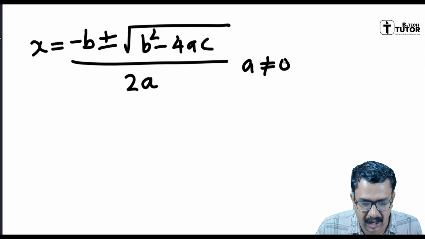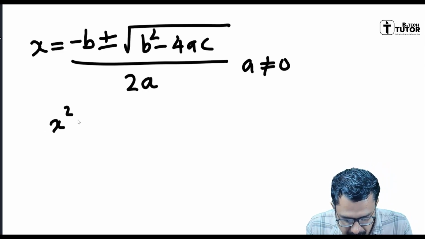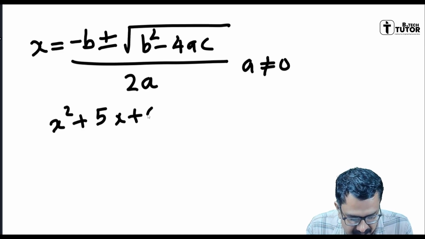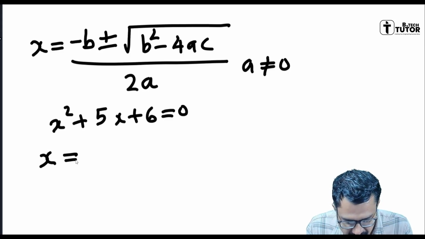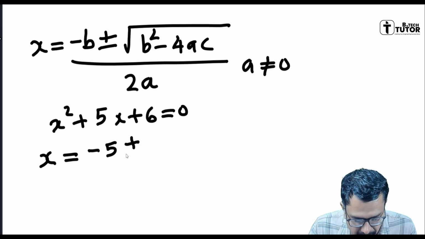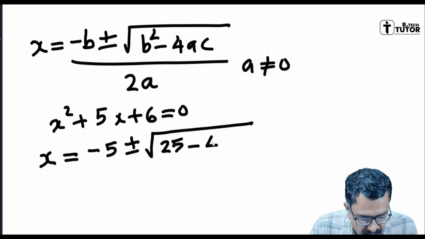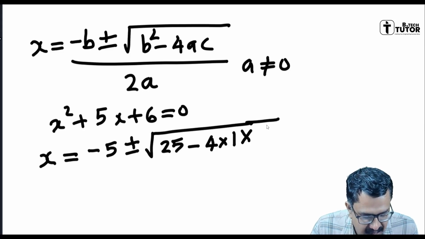For example, here our question is x square plus 5x plus 6 equal to 0. Then we can find x by minus b, that is minus 5, plus or minus root b square. B square is 25, minus 4 into a into c. A is 1 and c is 6.